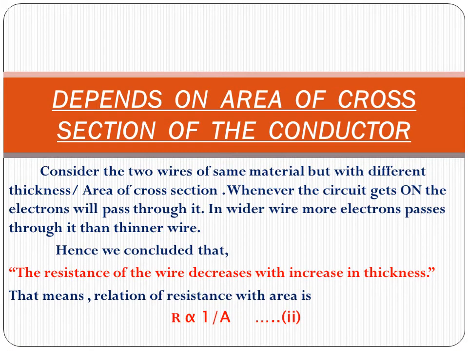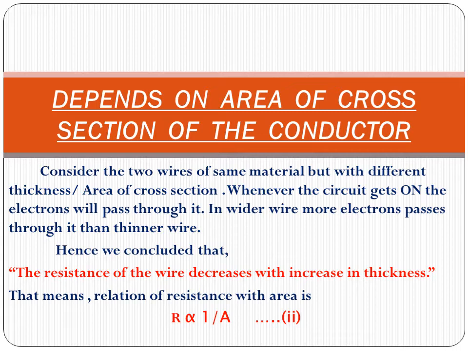Now the second factor: how resistance depends on the area of cross section of the conductor. Consider two wires of the same material but with different thickness or area of cross section. Whenever we switch on the circuit, electrons will pass through it.